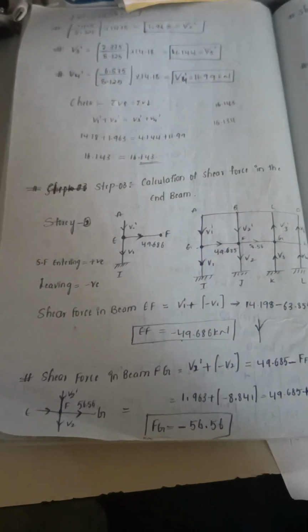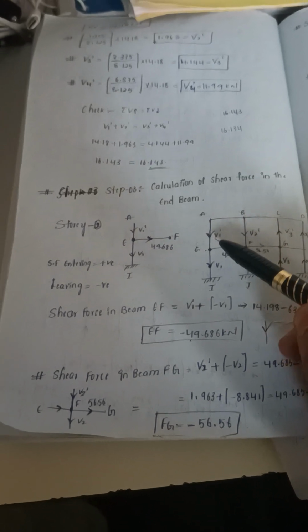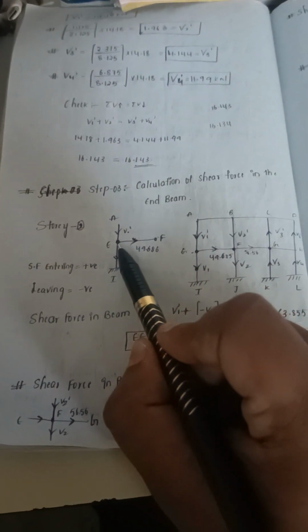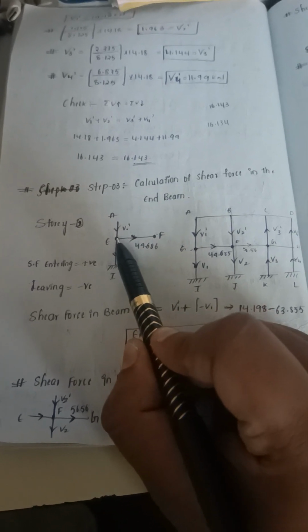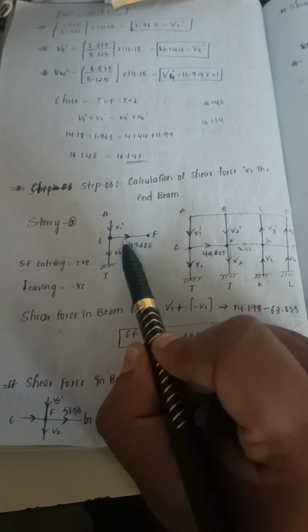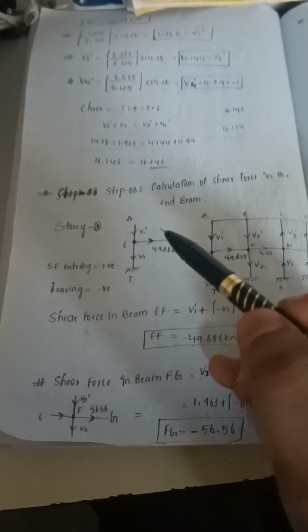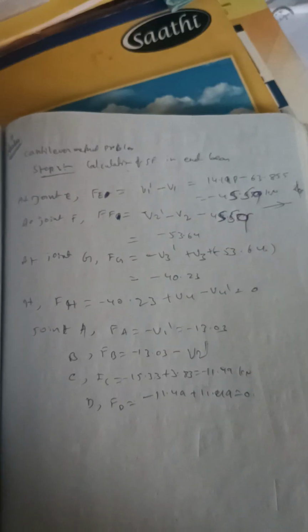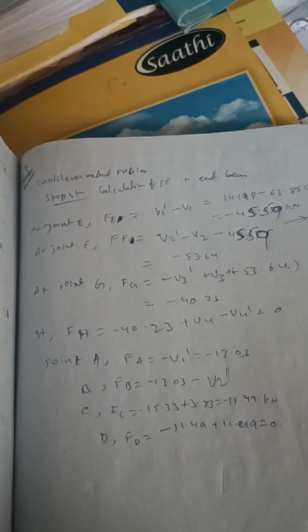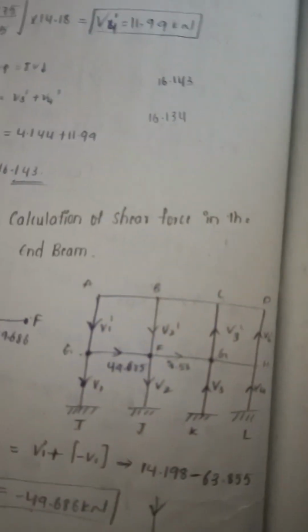So story 2. First we are taking story 2 here. Here there are some sign conventions. Suppose it is a joint E. The forces entering the joint are taken as positive, and the forces leaving the joint are taken as negative. Here, for example, it is positive, it is negative, it is negative. So first let us start from joint E. At joint E, shear force at joint E is V1 dash minus V1.